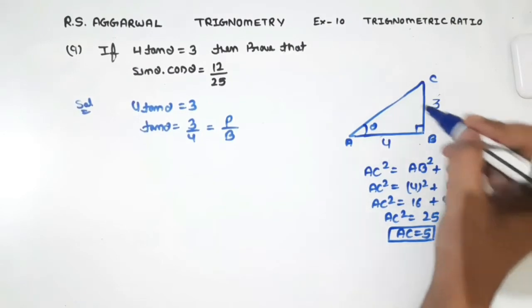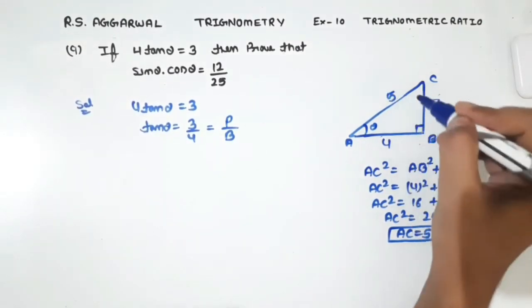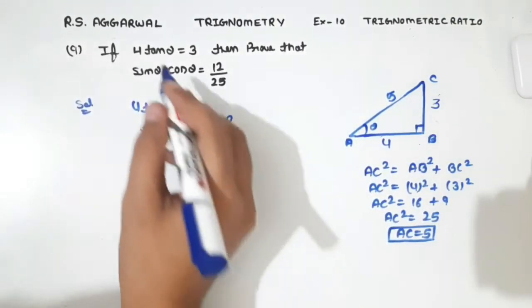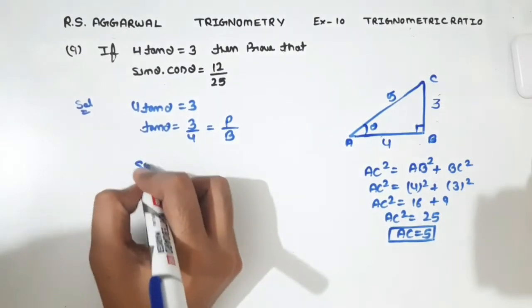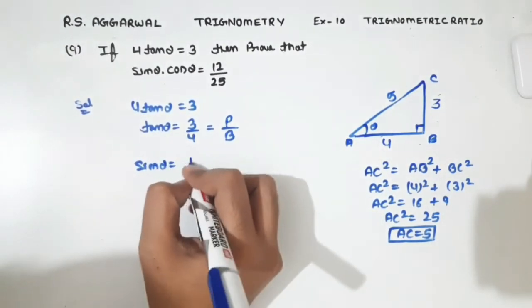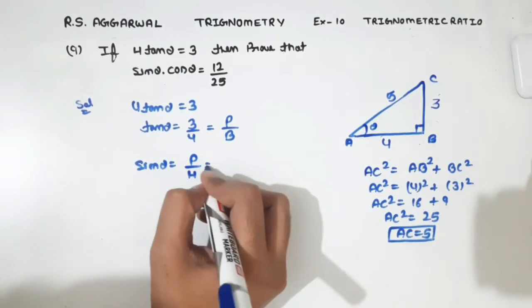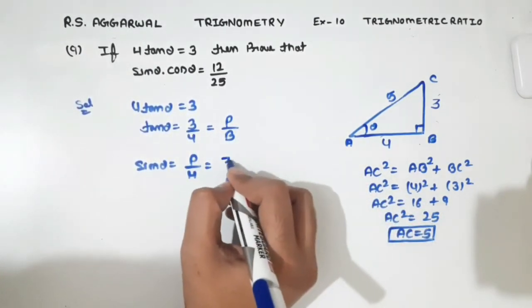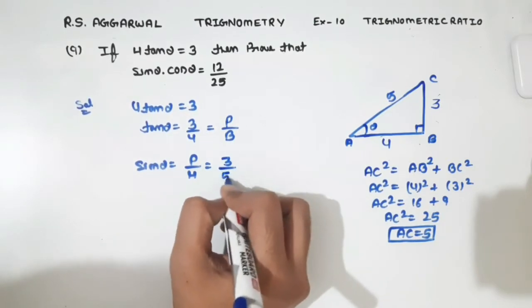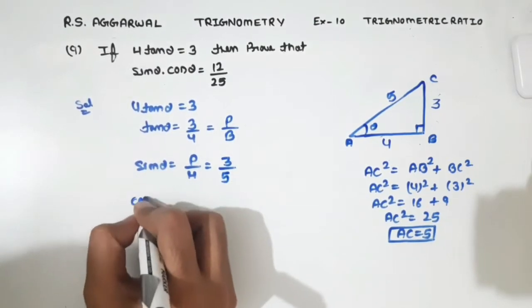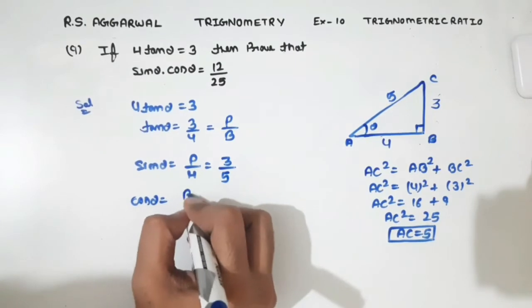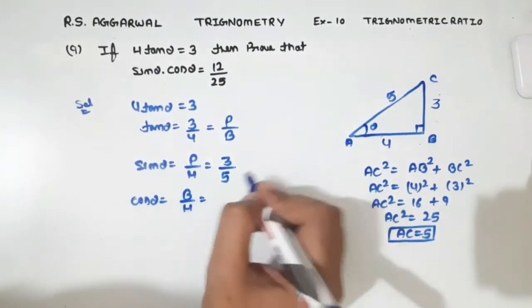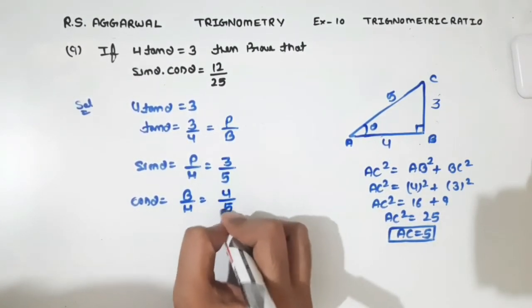So this is our hypotenuse. So from here sin theta will be perpendicular upon hypotenuse, that is our perpendicular is 3 and hypotenuse is 5, and cos theta will be equals to base upon hypotenuse. Our base is 4 and hypotenuse is 5.